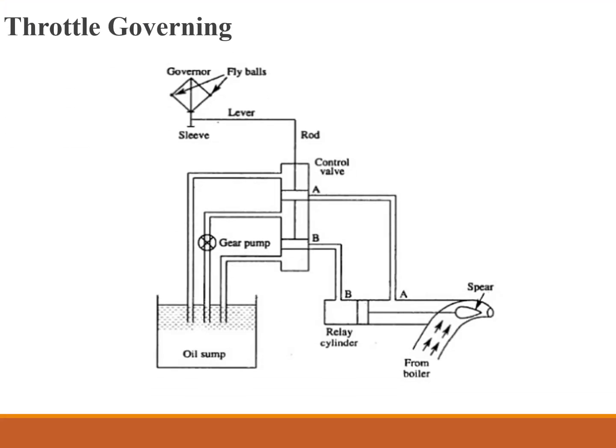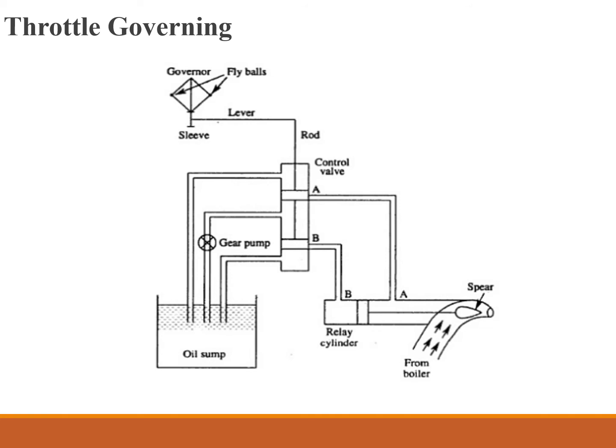Throttle governing. Let us consider an instant when the load on the turbine increases. As a result, the speed of the turbine decreases. The fly balls of the governor will come down and bring down the sleeve. The downward movement of the sleeve will raise the control valve rod. The mouth of pipe AA will open.